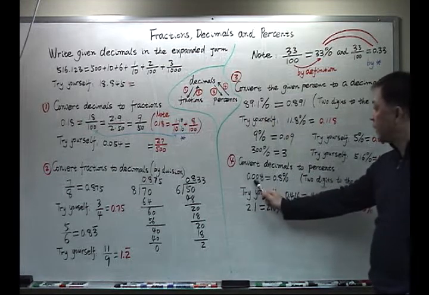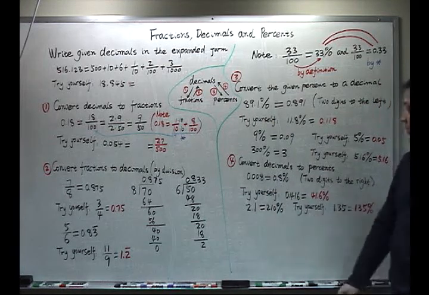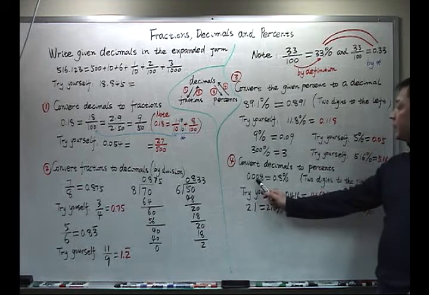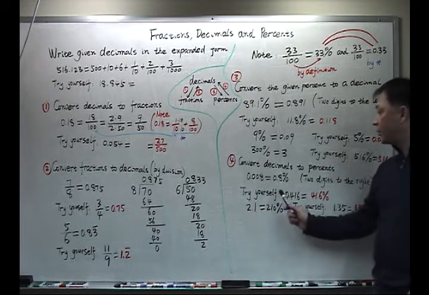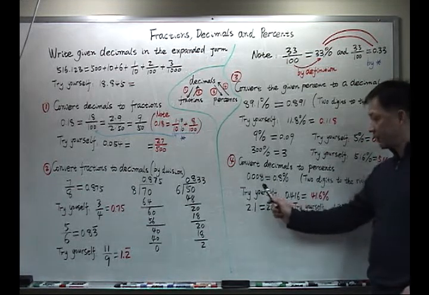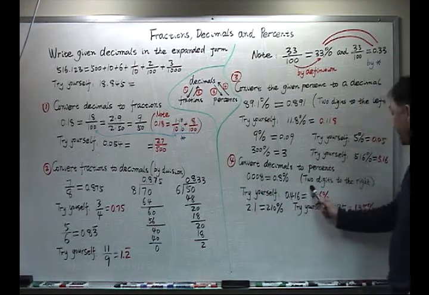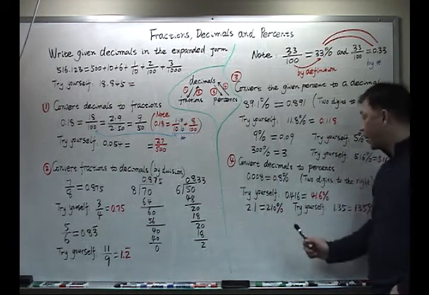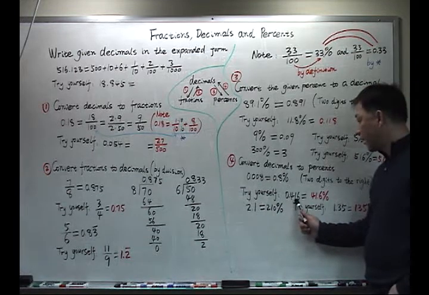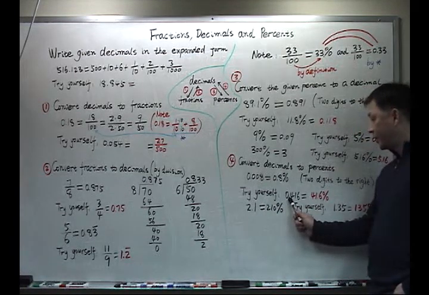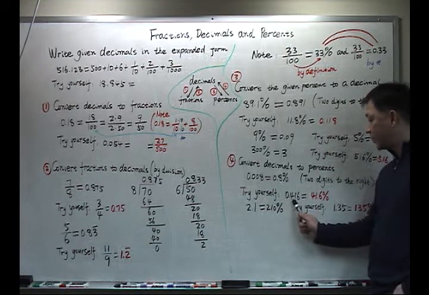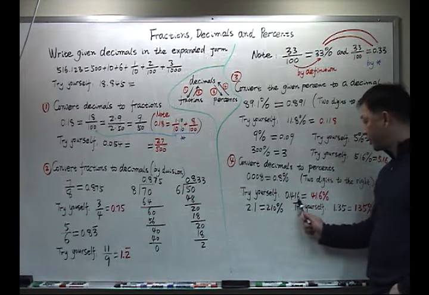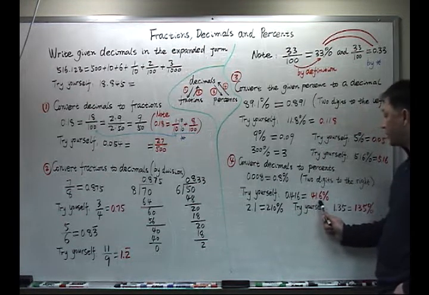And here is 1, 2 to the right. Okay? So 0.008 is actually 0.8%. 2 digits to the right. Okay? Then try this one yourself. That's 0.416. Point here, 2 digits to the right. That's 41.6. So 41.6%.